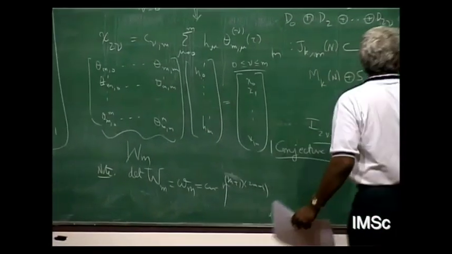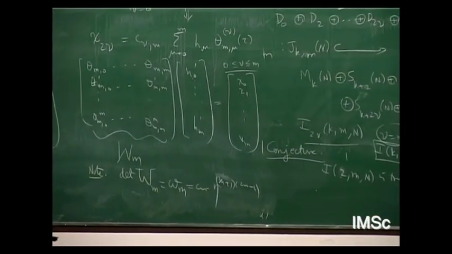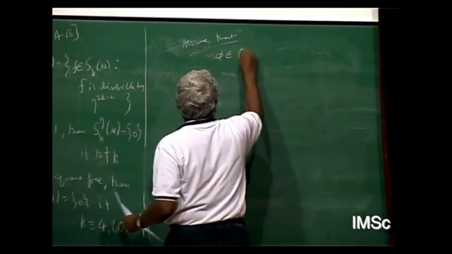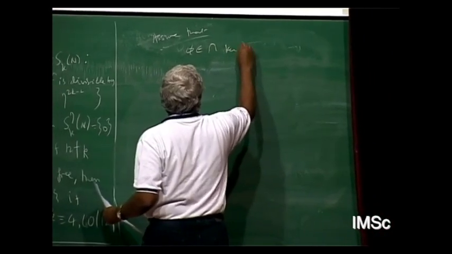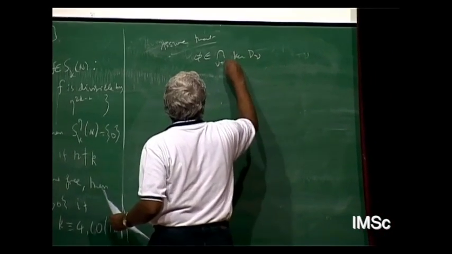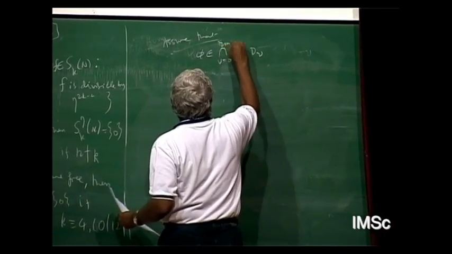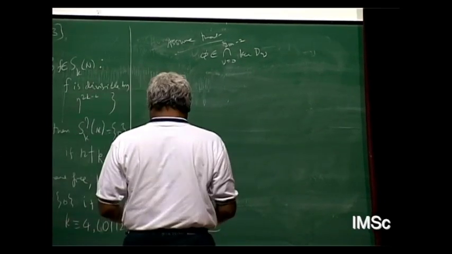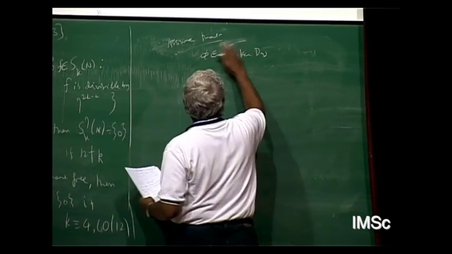And now, assume that phi belongs to the intersection of the kernels of the operators nu from 0 to 2m minus 2, so 0 to m minus 1.